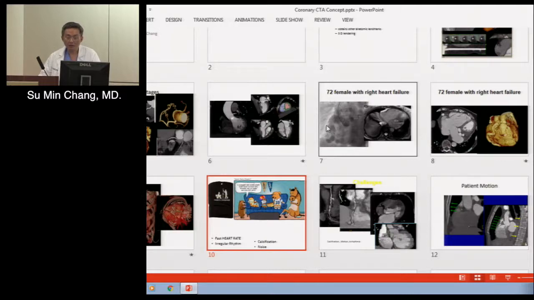It can go from 30 seconds, the longest, with the most detailed retrospective gating from the neck to the groin, to the newest scanner that we have, the flash mode. You can image the whole chest, abdomen, and pelvis in less than 2 seconds. Okay. All right.